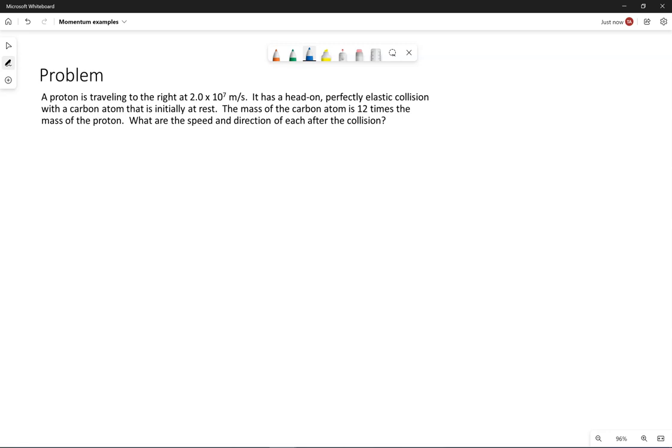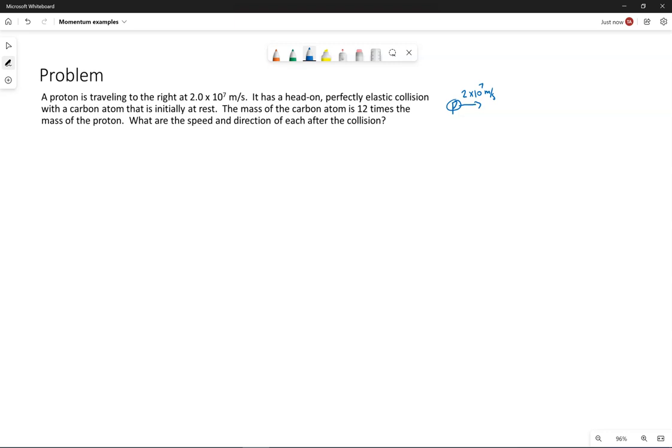All right, so here is our first example. We have a proton. I'm going to draw it to the side over here. The proton is traveling to the right at 2 × 10⁷ meters per second.